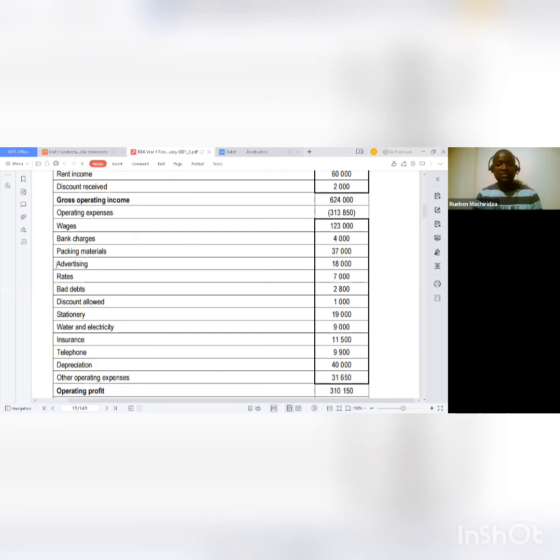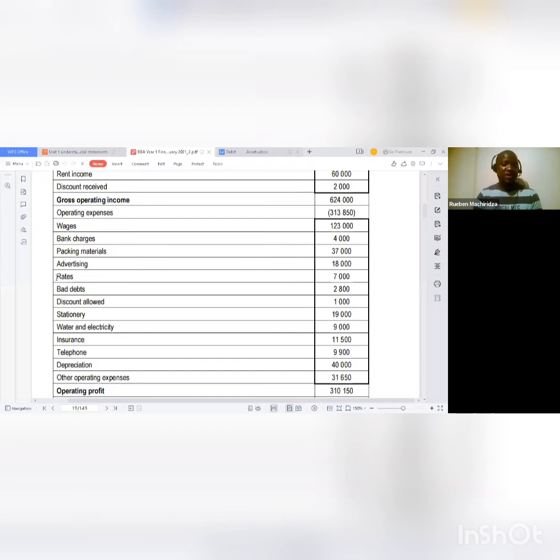Then we talk of advertising expenses. Self-explanatory, this one. We need to make our products known to the general public. So as we incur those costs, we have to show them in the statement of comprehensive income. And then we've got rates.